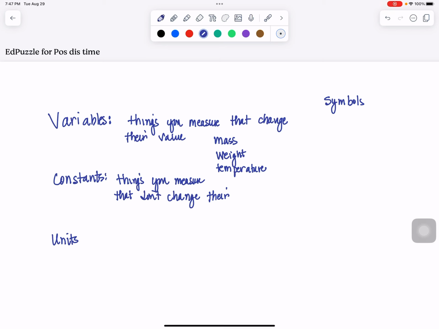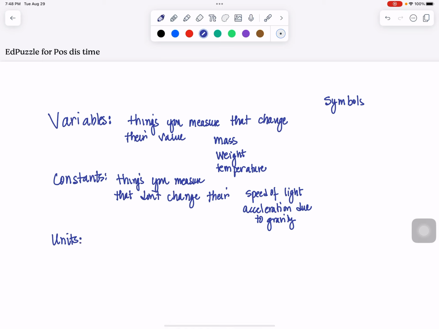Examples of that would be the speed of light, or the acceleration due to gravity. So variables are things you measure that change their value: mass, weight, temperature. Constants are things you measure that don't change their value.